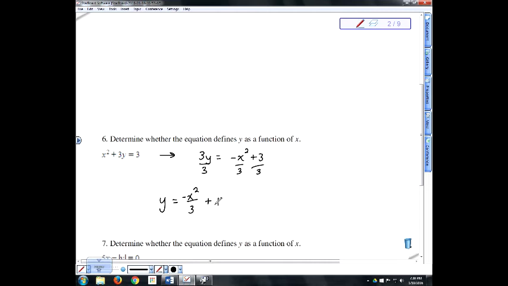If it's an x squared, it's going to be a parabola. Because it's a negative in front, it's a parabola that's facing upside down, and it's moved up 1 unit. So just a quick sketch of the parabola may look something like that. It's a function because it passes the vertical line test.